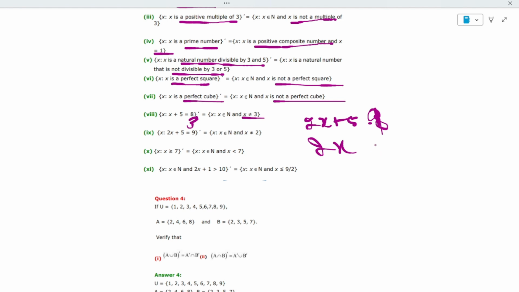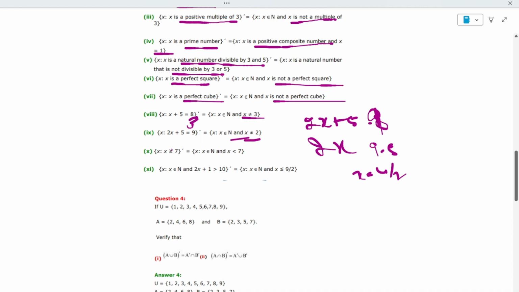If you take 5 there, it will be 9 minus 5. It will be 4. x will be equal to 4 by 2, that means 2. x will be removed from the universal set. That means 1, 3, 4, 5, 6, 7, 8, 9 and so on will be going. That means you remove only one element, that is 2. Here also one element is removed, that is 3. That means you have to mention not equal to.